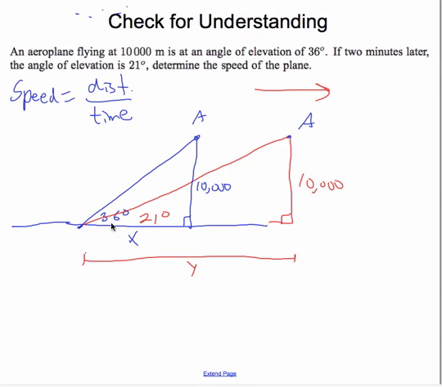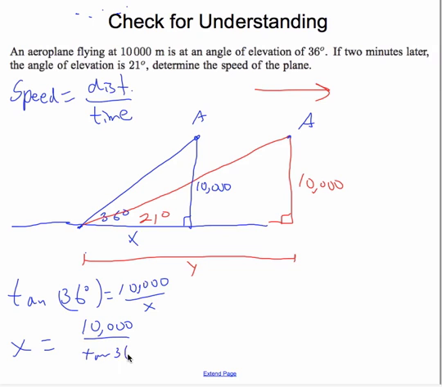To find x, we have opposite over adjacent, so we use tan. Tan 36 degrees equals 10,000 out of x. So if you solve, you're going to get x equals 10,000 out of tan 36.